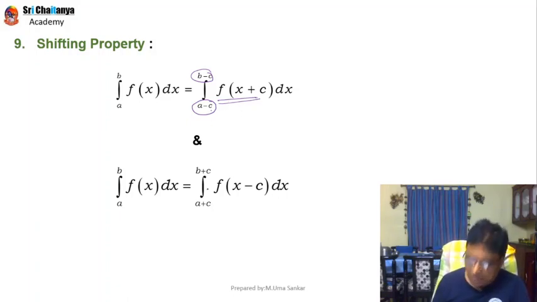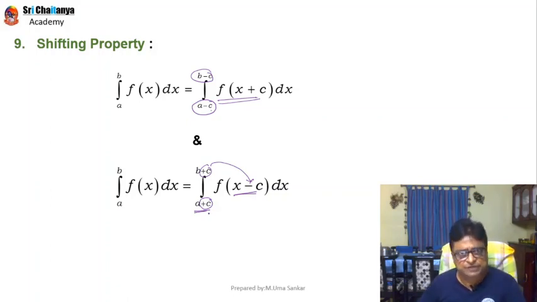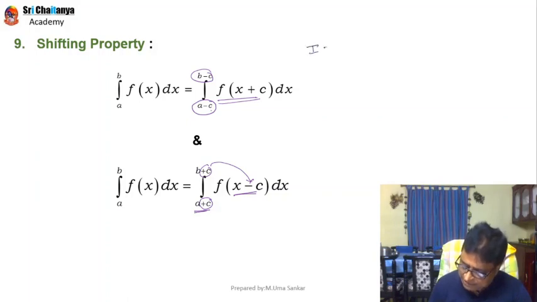And of course the opposite one: whenever I am adding something to the lower and upper limit, the same constant we are subtracting from the variable of the function. Of course, the proof is also very simple. We can take I equal to the integral from a minus c to b minus c of f of x plus c dx.